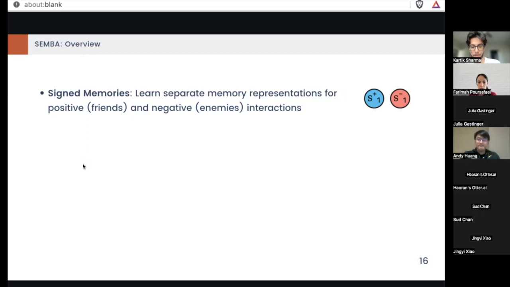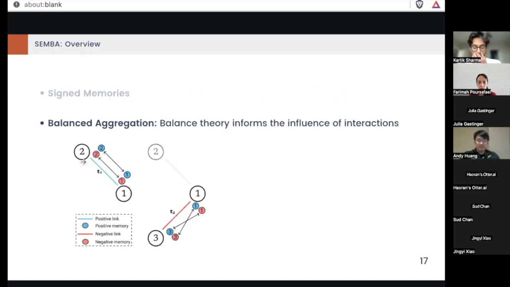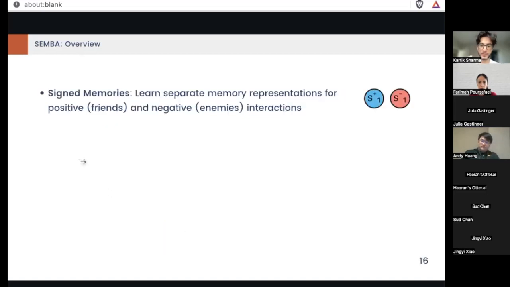One difference between a memory and an embedding, with respect to the TGN model that we are inspired by, is that memories are updated only upon an interaction. So upon a direct interaction at any point in time, the memory would be updated.